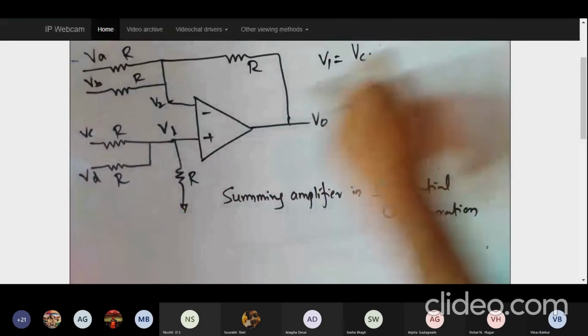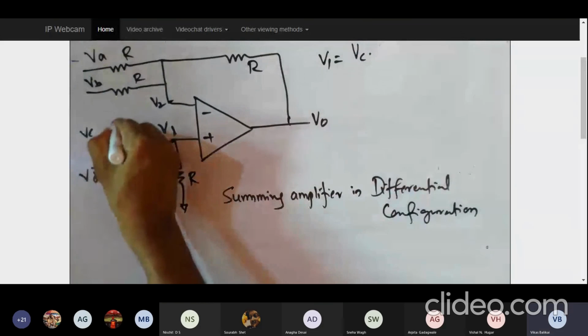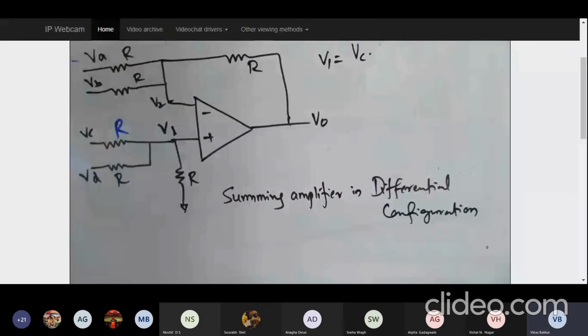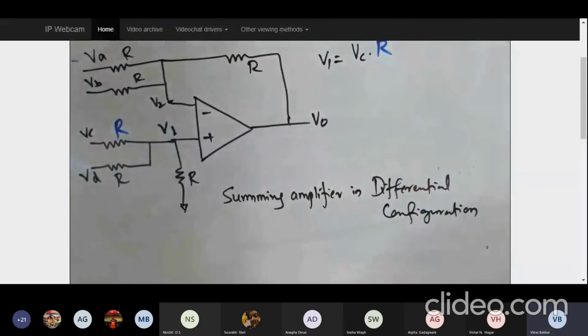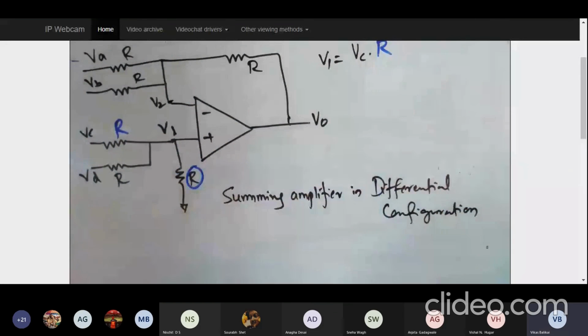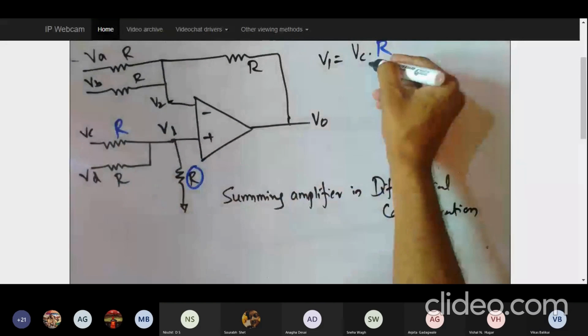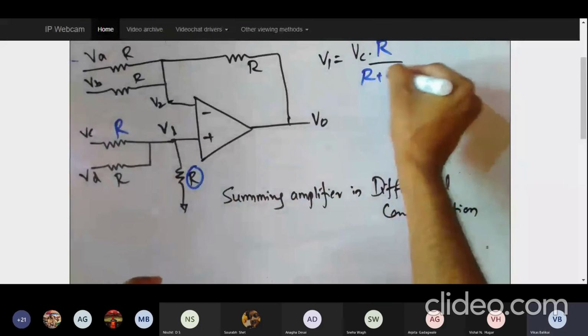Let me write this way. I'm writing this in blue. So whichever the term I'm writing in blue, so that is the subsequent term. R divided by R plus.